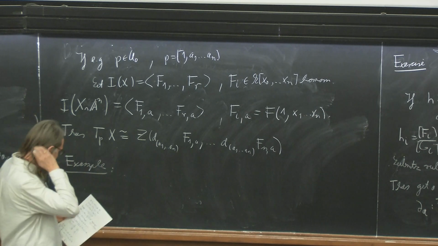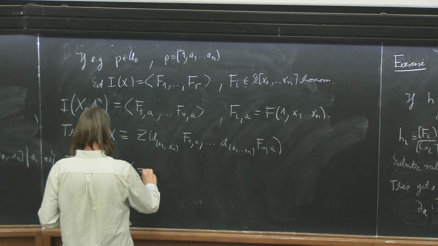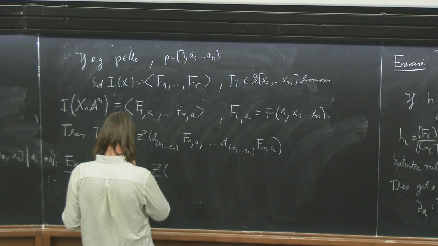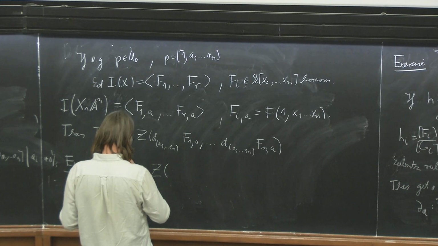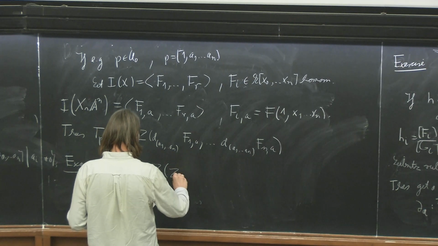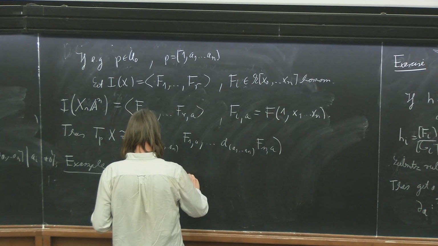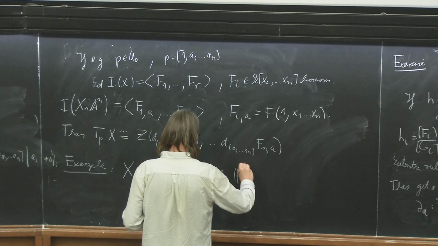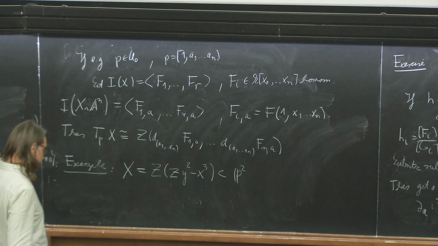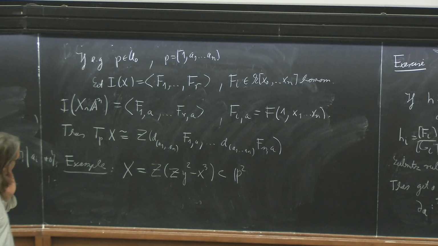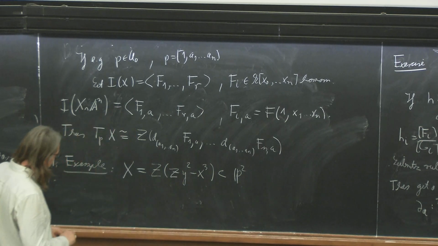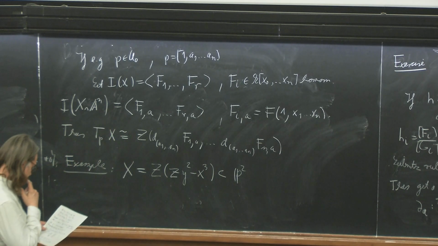So let's say that X is the zero set of Z y squared minus x to the 3 in P^2. Now I want to know what the singular points and non-singular points are, so the tangent space.